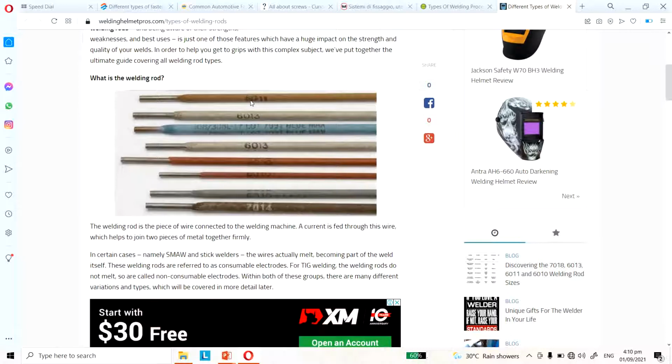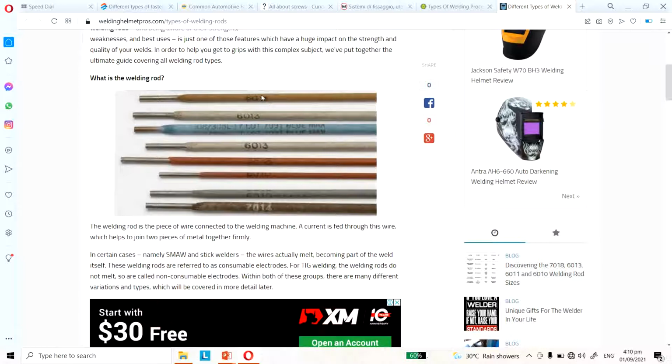So this is 60 KSI, and typical bars and plates are just A36, which has a 36 KSI yield strength. This one is 60 KSI, assuming, of course, that you have done the welded joint properly.